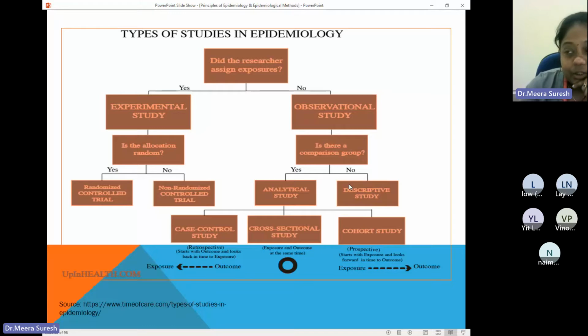The only condition to remember is: if there is a comparator, it goes under analytical study, and if there is no comparator, it goes under the descriptive study. So if there is a comparison group, they have classified it as analytical, and under analytical they have put the case control, the cross-sectional and cohort study. And if there is no comparison, it goes towards the descriptive study.